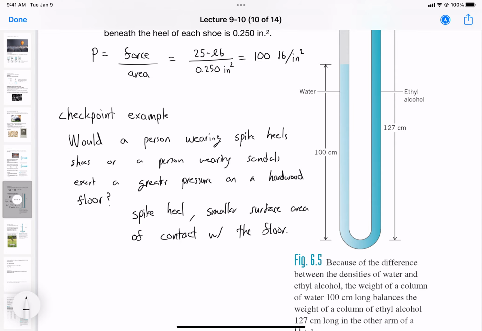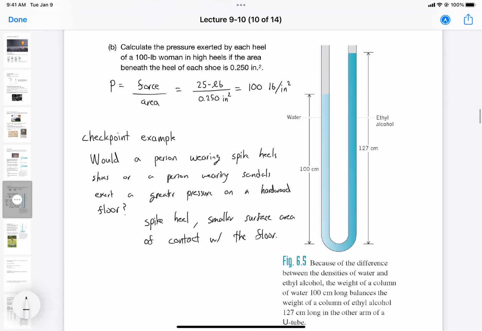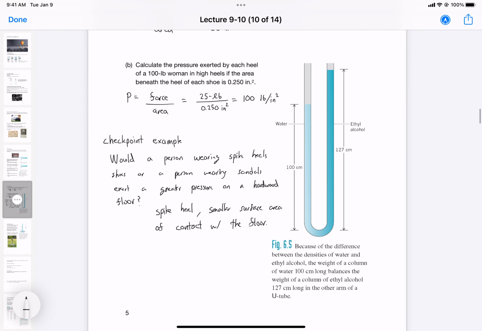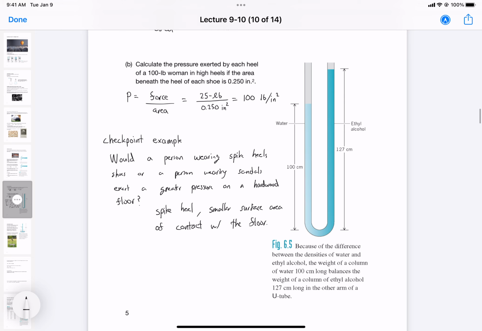Okay. So let's go back to this kind of view. This is what we call a U-tube, not the video sharing site, but an actual U-tube, and we can see here that water and ethanol exert different kinds of pressures. That's why the levels of them are so different.